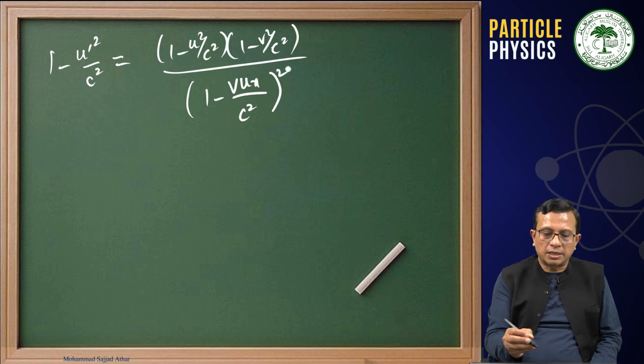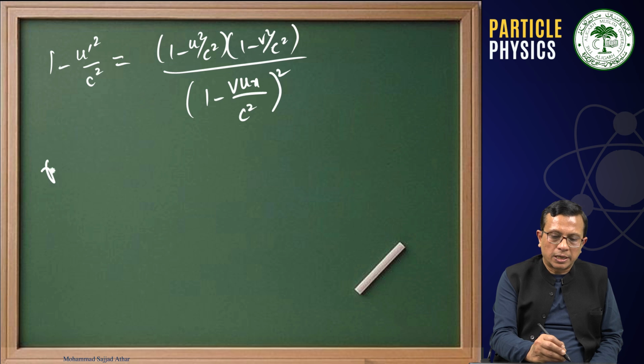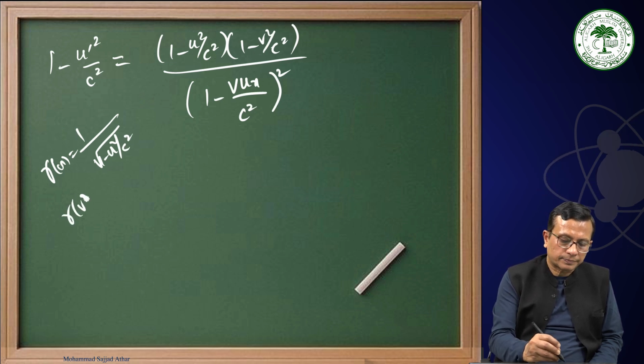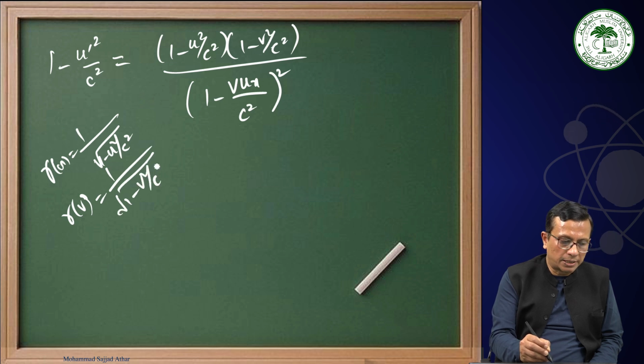And this is nothing but, remember, gamma u was 1 over square root of 1 minus u square by c square, and gamma v was 1 over square root of 1 minus v square by c square.